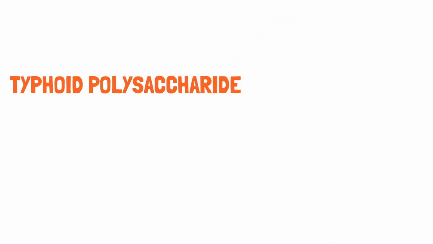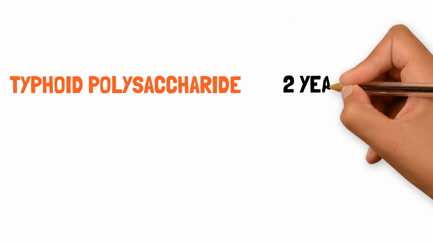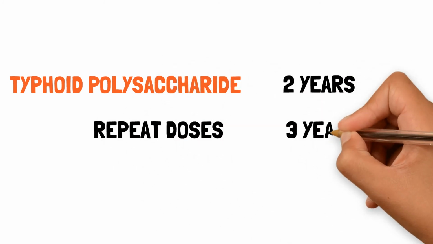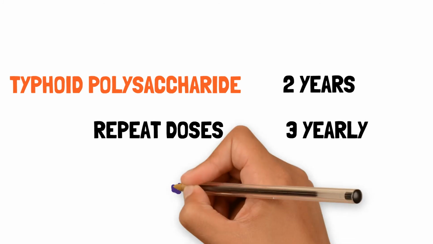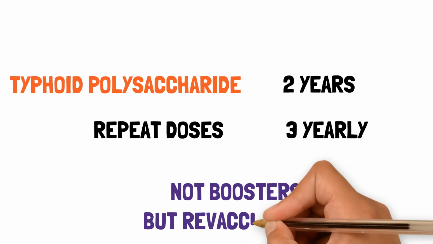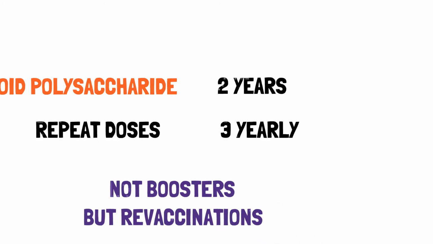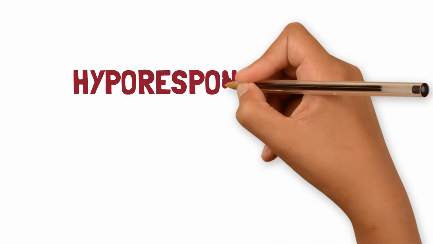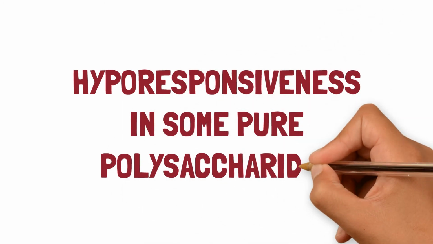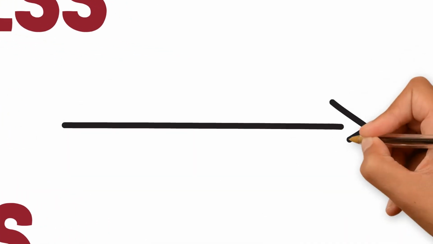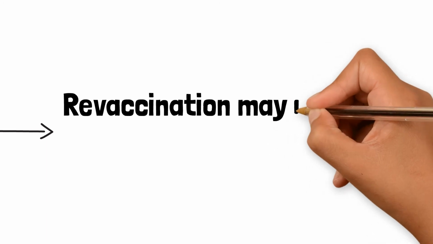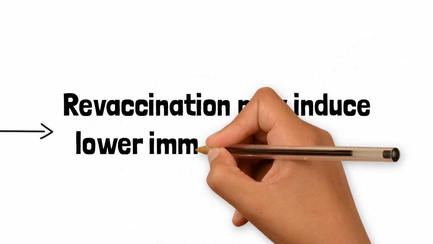If given, IAP recommends the first dose at 2 years and then repeat doses once in 3 years. These doses are not booster doses but only revaccinations. In some pure polysaccharide vaccines like the group C meningococcal vaccine, there is hyporesponsiveness. That is, revaccinations may induce a lower immune response than the first dose.